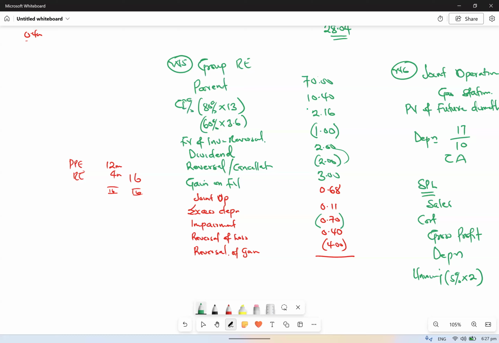We have to subtract the impairment. The impairment is not an addition. What else have I done that should have been a subtraction? So it's supposed to be minus 0.70 plus 0.40 minus 4. That gives me 81.05. So confirm for me if you are done.